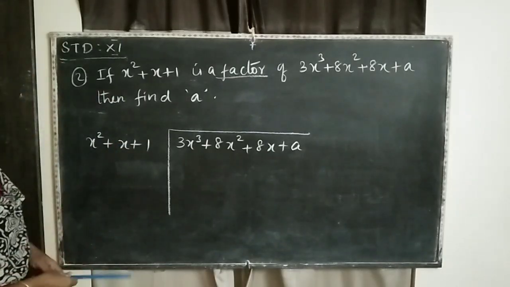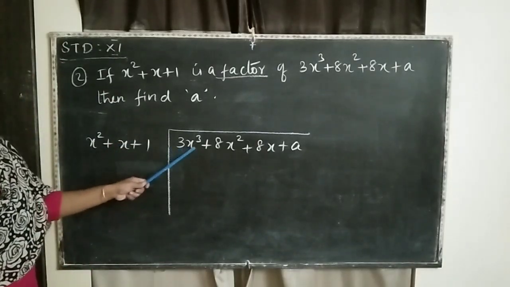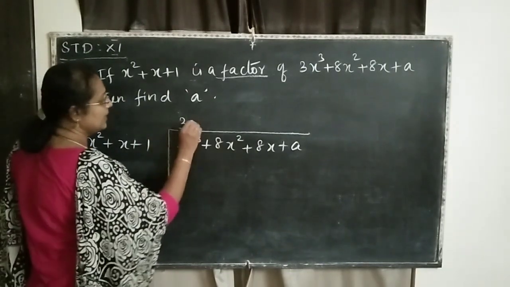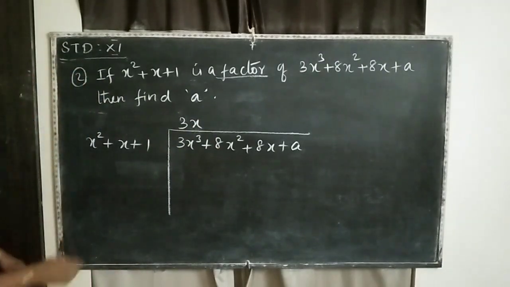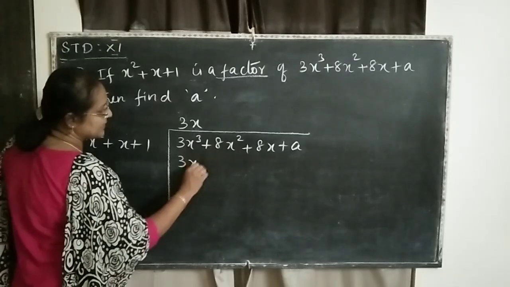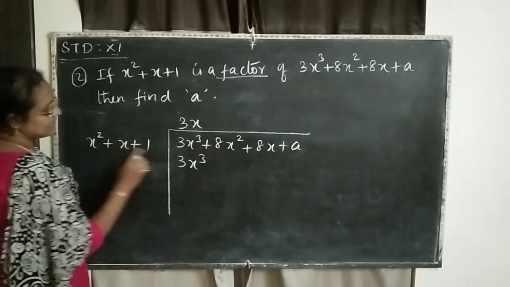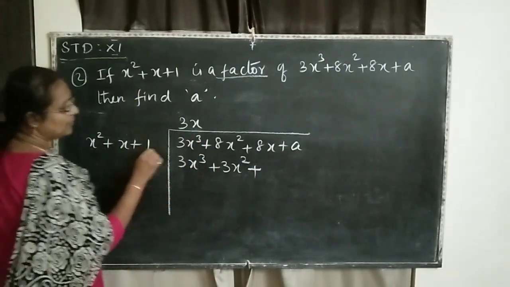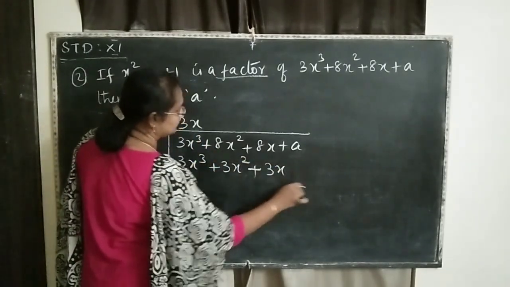Yes or no? Okay, now look into the first one. I have 3x cubed. Here I have only x squared. So the first term will be 3x. Do you agree? Now multiply. 3x into x squared will be 3x cubed. 3x plus x will be 3x squared plus 3x into 1 will be 3x.